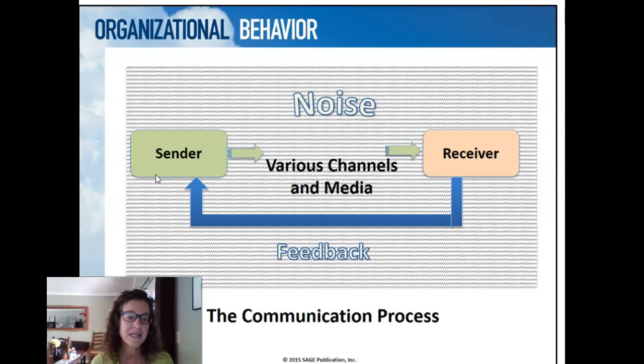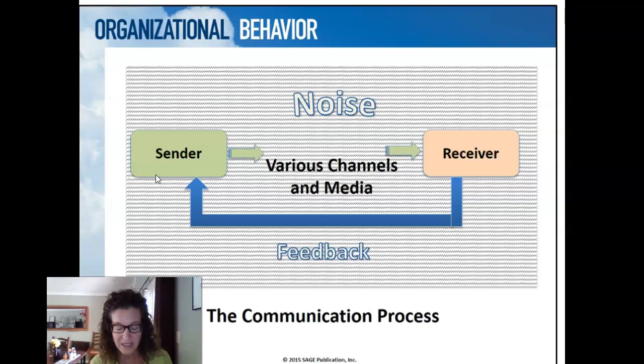And so the sender might intentionally, for the sake of self-preservation, choose to distort the message or filter out negative information to soften it, so to speak. So the way the sender encodes the message can introduce noise into the process and act as a communication barrier.